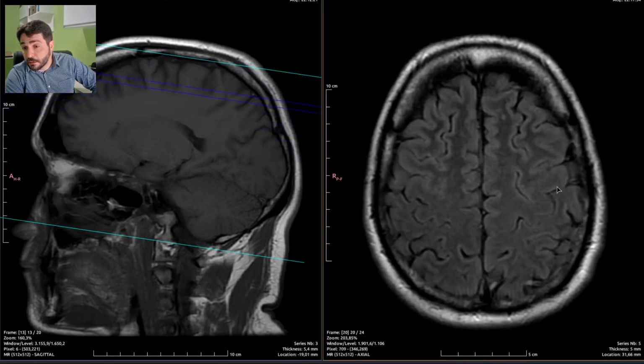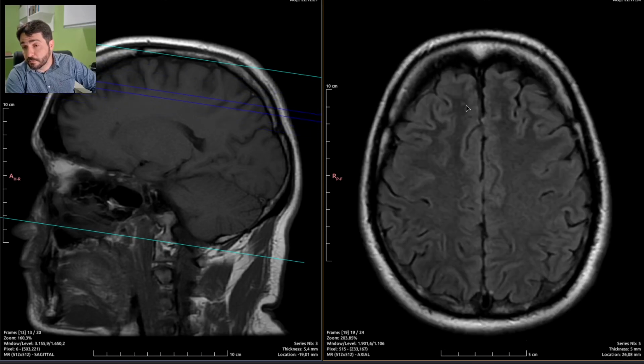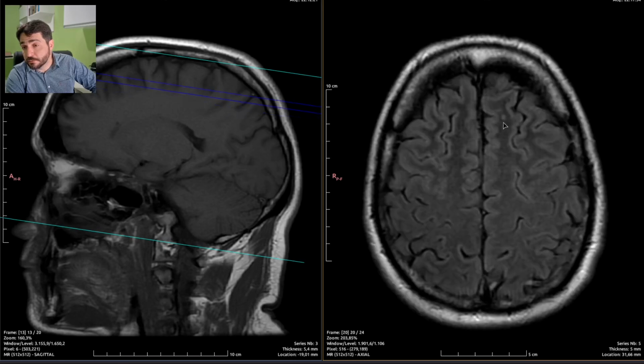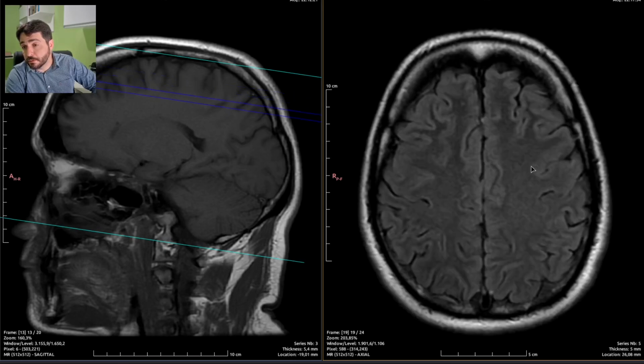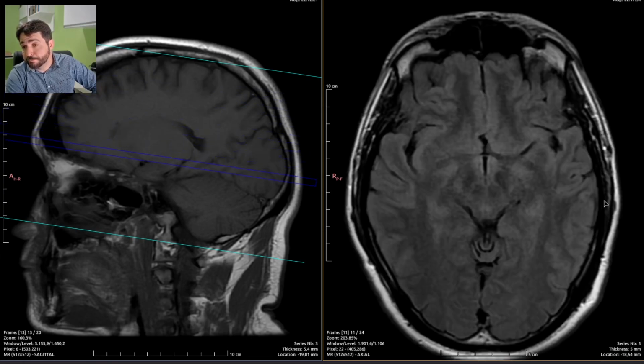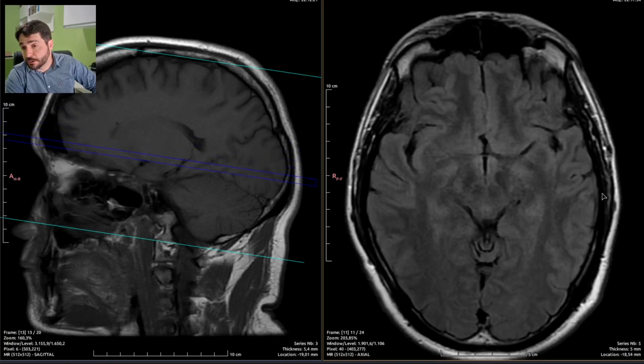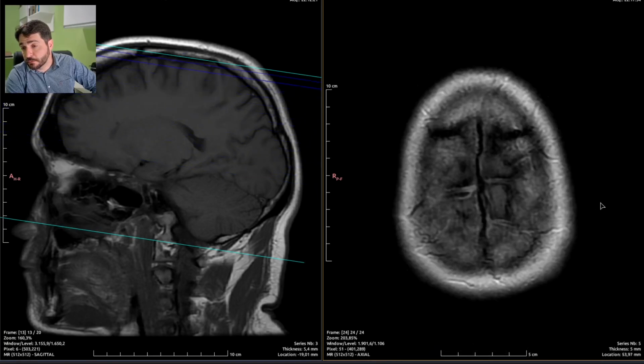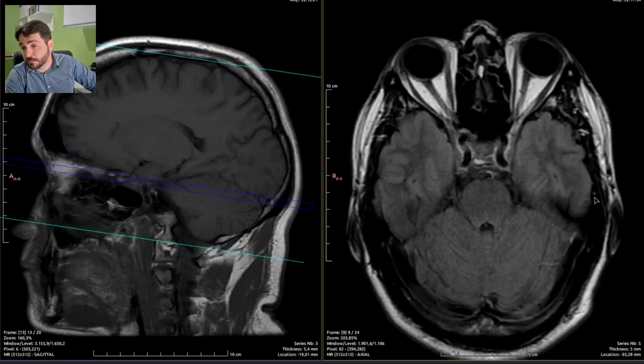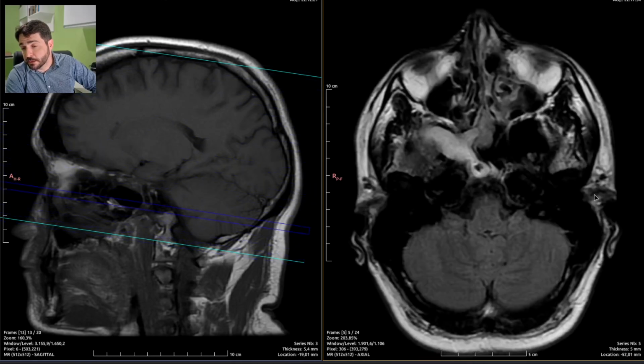Is there anywhere else? Right here on the frontal pole, bilaterally. Now this is artifact. This is an actual bright spot. This could be just constitutional. It doesn't need to be related to disease.